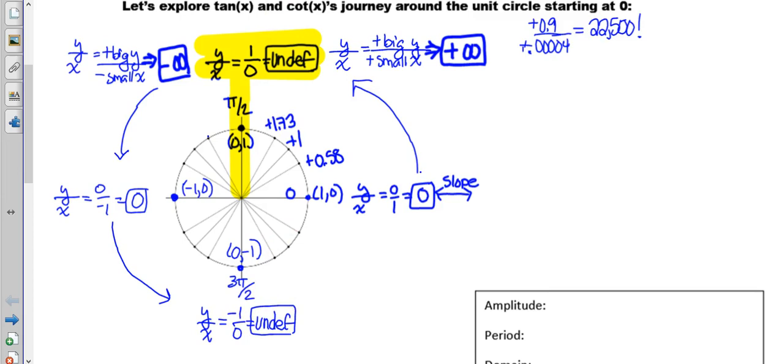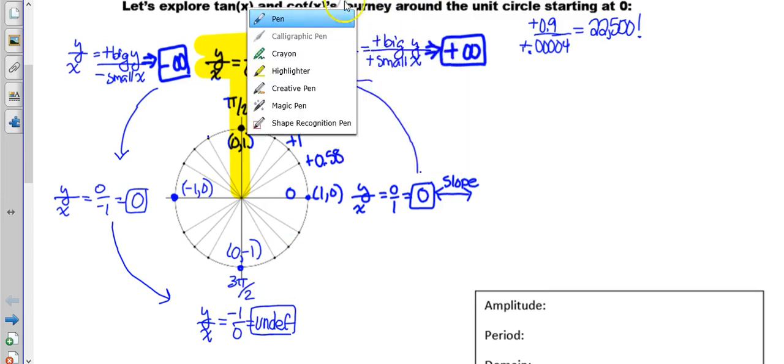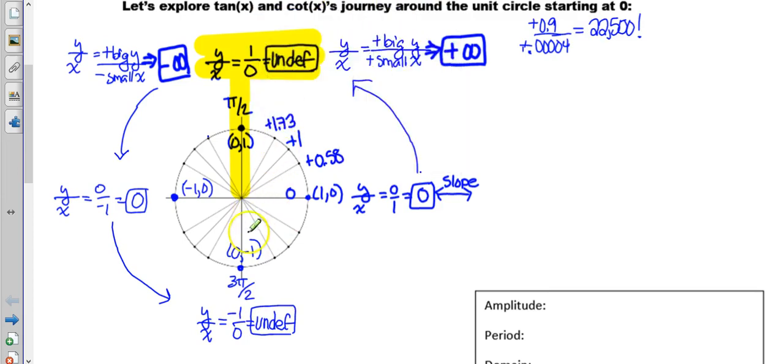So once again, let's take our highlighter and really make that stand out to ourselves, right? Here, I have once again hit a vertical slope at 0, negative 1, and we can't have that. It's undefined. But what happens when I get super close to it?